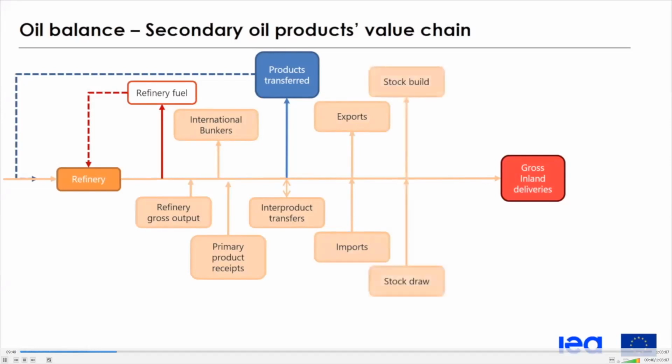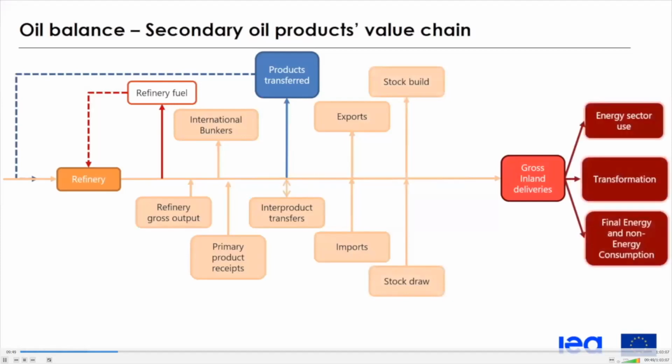And again, we can also have some stocks of those products for safety reasons, for commercial reasons, for many possible reasons. The gross inland deliveries will be provided for energy sector use, for transformations, and for final and non-energy consumptions.